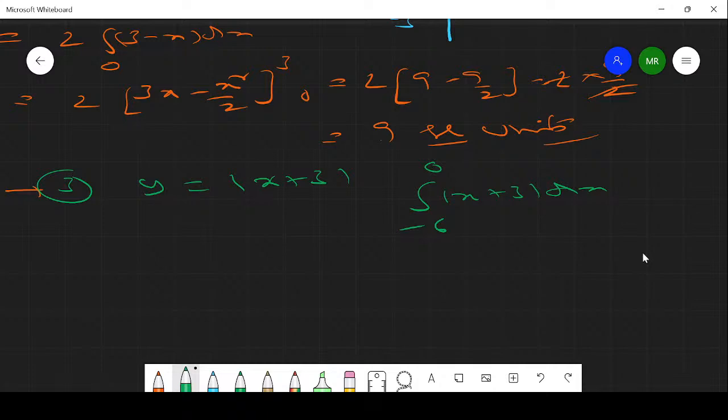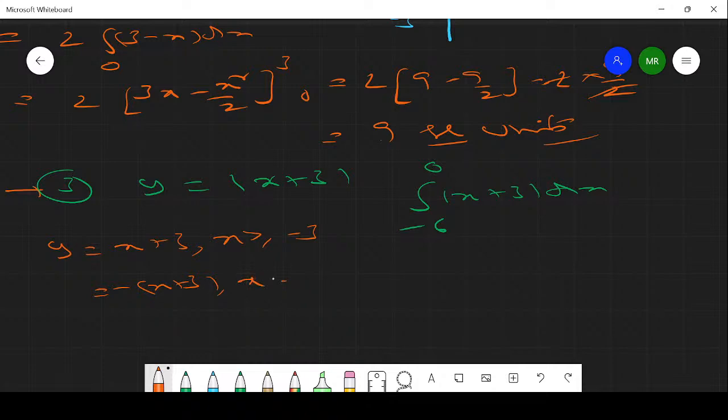When they are asking to draw the graph of mod x plus 3, it is simple to draw, right? It will be 0 at x equal to minus 3. Just think about the graph. I can write y is equal to x plus 3 when x is greater than or equal to minus 3, and y equal to minus of x plus 3 when x is less than minus 3.